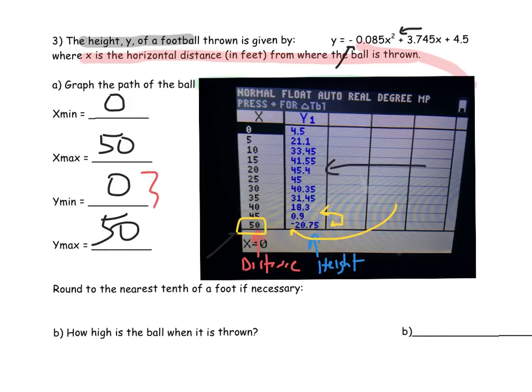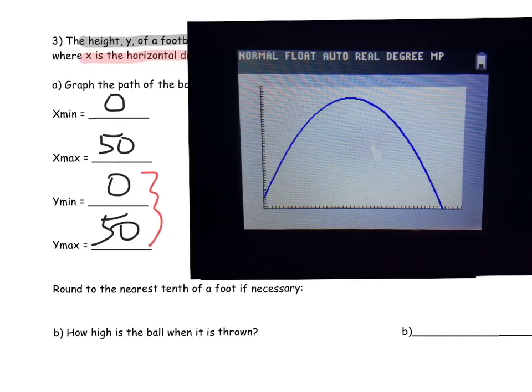I'm using 0 to 50 for the y's because I'm looking in the y column at the values that I have. And I'm using 0 to 50 for my x's because when you get to about a distance of 50 feet, the height of the ball is negative, meaning it already hit the ground. So that's why I'm using this viewing window. And notice this is what my parabola looks like.